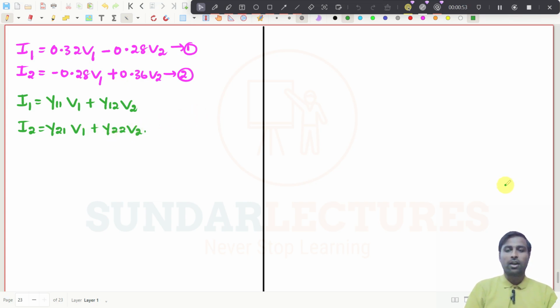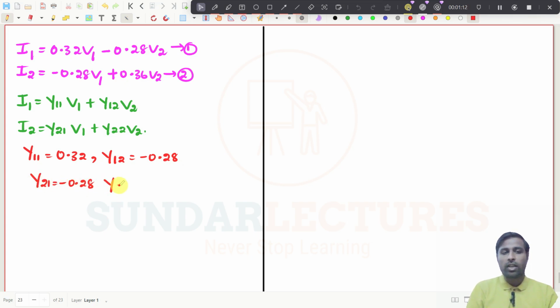Now you can very simply write the values: y11 is 0.32, y12 is minus 0.28, y21 is minus 0.28, and y22 is 0.36, right? So now we have got the y parameters.